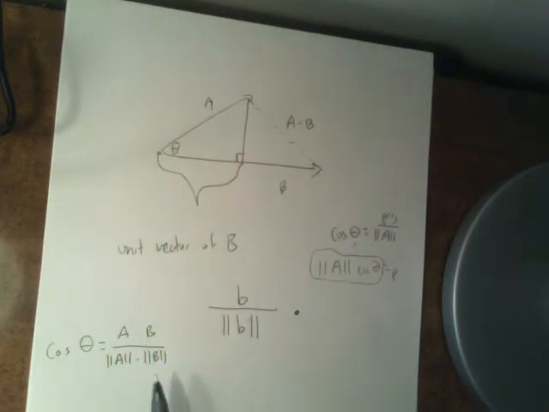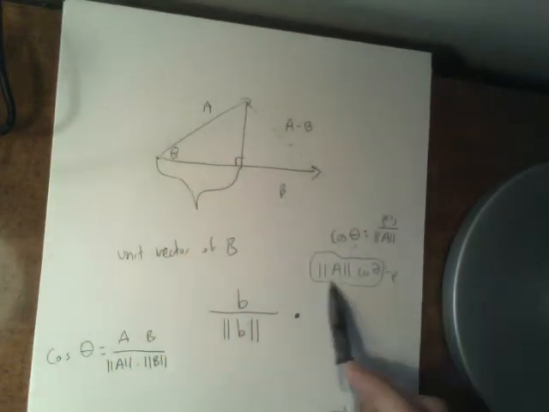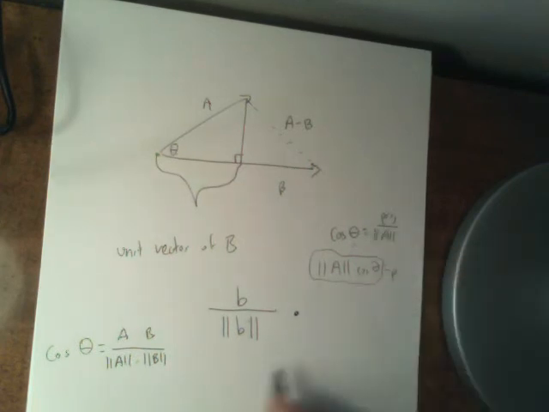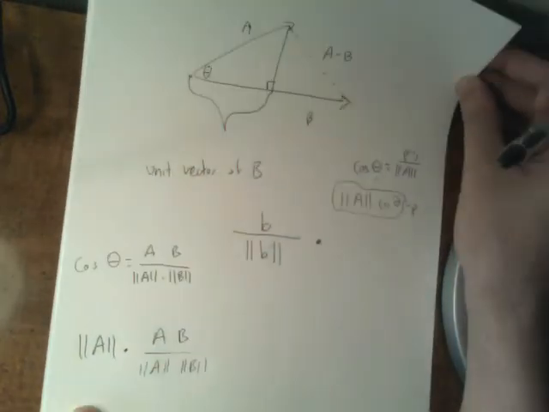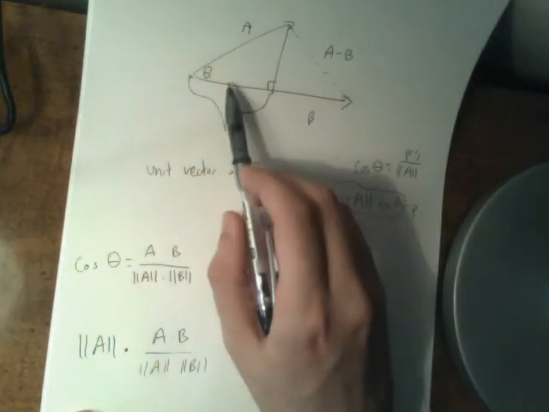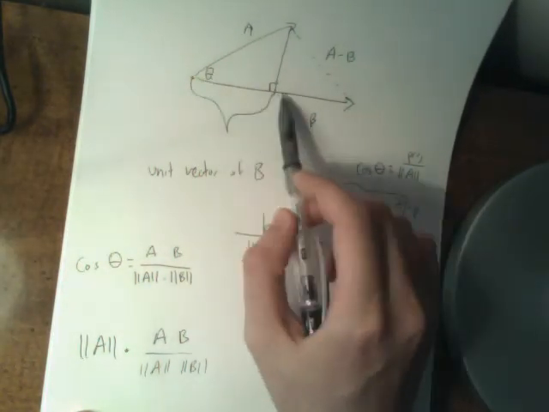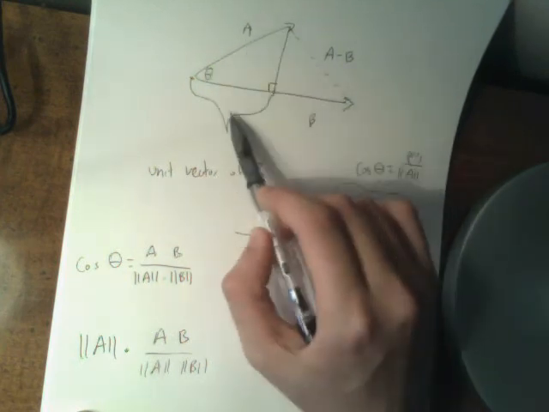And then you just do that times the magnitude of A, remember? Because that gives you the magnitude. So if I plug that in, it would be the magnitude of A times A dot B over the magnitude of A on the bottom times the magnitude of B. So again, I'm sorry you can't see it that clearly. So again, what I did is I used this, where from this we figured out that the magnitude of this is the cosine of the angle times that, because cosine equals adjacent over hypotenuse.